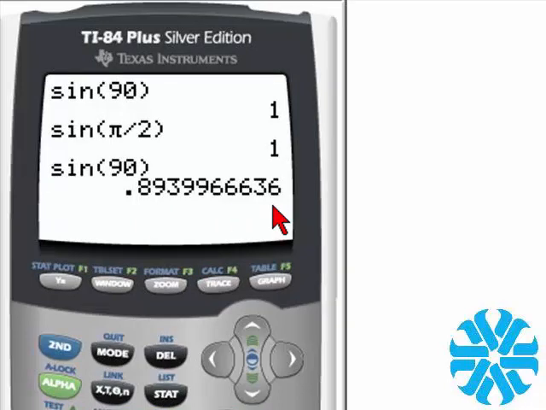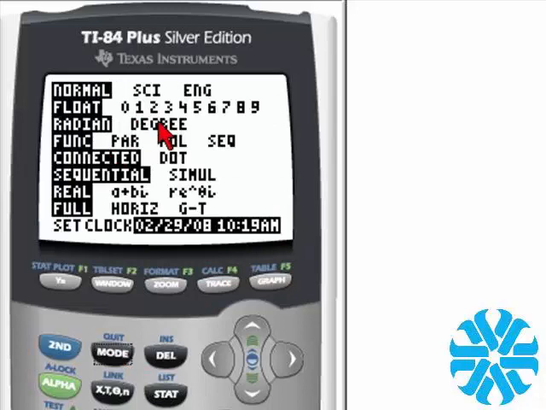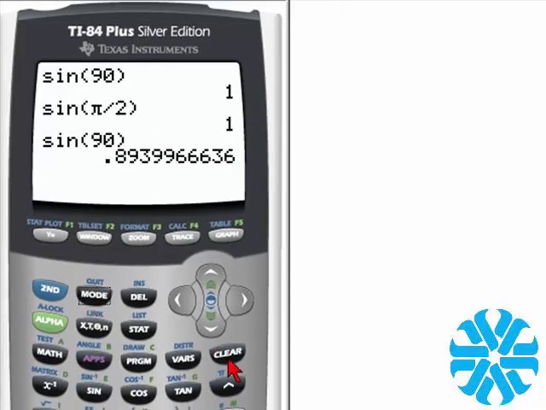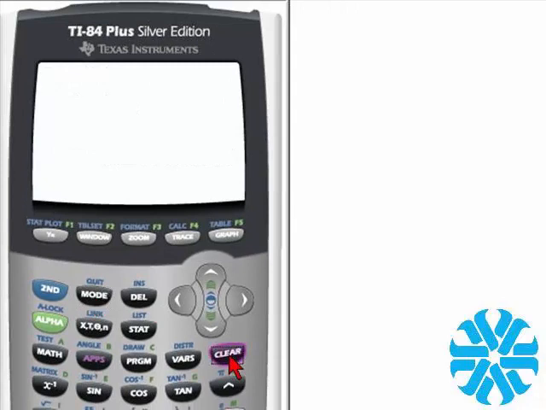So it's key to be in the correct mode when you're working with trigonometric functions. If you're working with degrees, then be in degree mode. If you're working with radians, then make sure you're in radian mode. So let's get out of this screen and clear our screen by hitting the clear button.